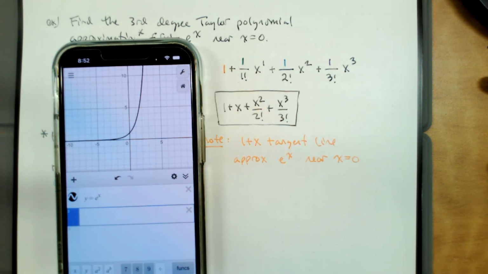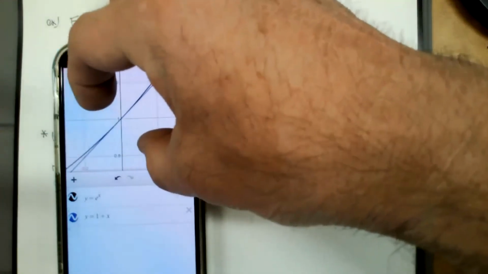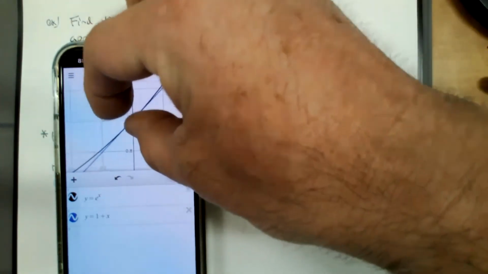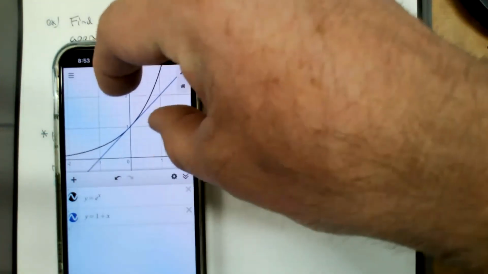So the 0 degree polynomial is just 1. So that's not a very good approximation. It's really exact, it's right on at 0, but it gets pretty bad pretty fast. So we jump up to the tangent line, and we all know what a tangent line looks like at 1. If we zoom in, these things are really close together. The closer we zoom, the closer the line is to the function. But when we start zooming out, e to the x says, no, I gotta bend.